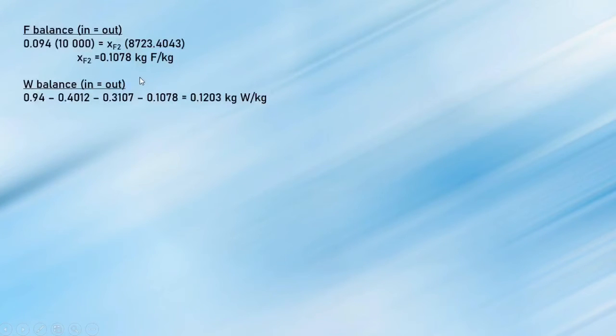Then we use F balance to find XF2 to get 0.1078 kilogram F per kg. Last but not least, for W balance, we take 0.994 minus XP2, XC2, and XF2 to get 0.1203 kilogram water per kilogram.